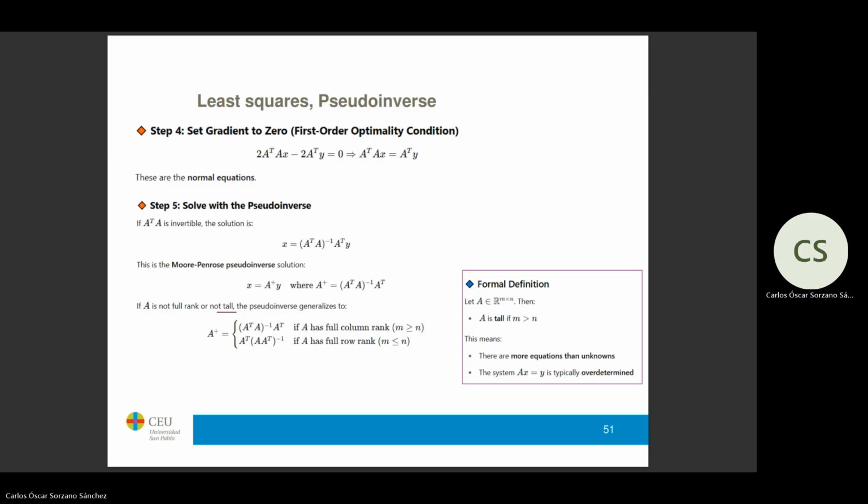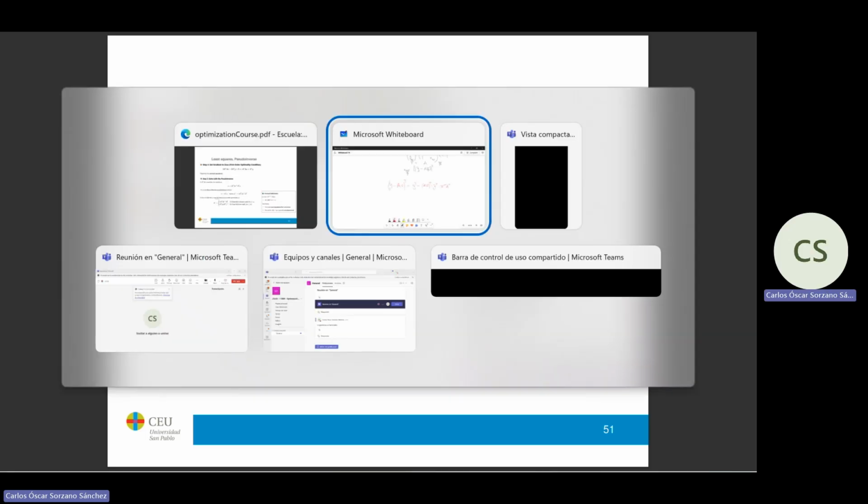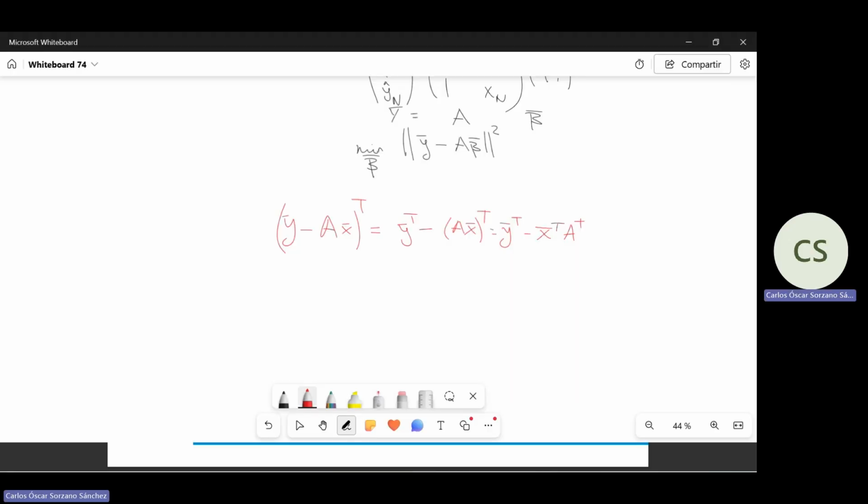And it can be shown that it is also equal to this one, depending on whether A, which in general will be a non-square matrix of size m by n, means that we have m equations and n unknowns.